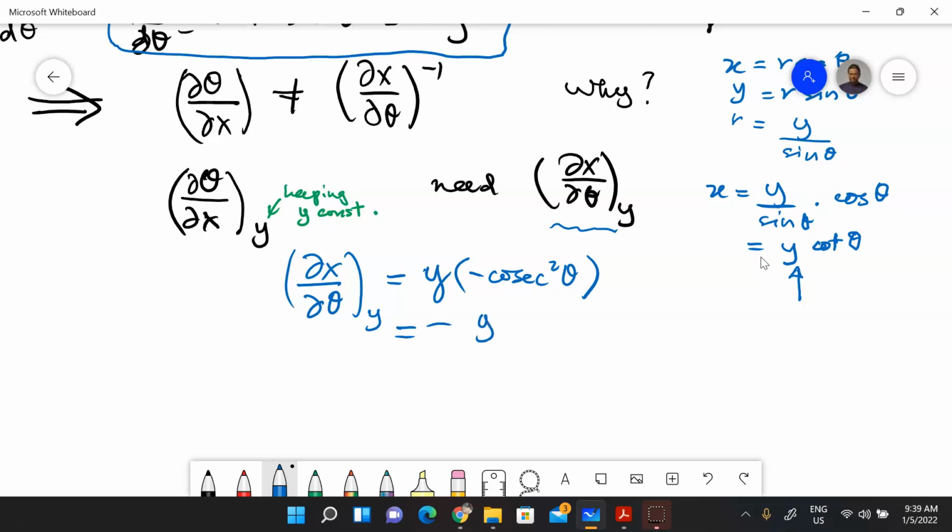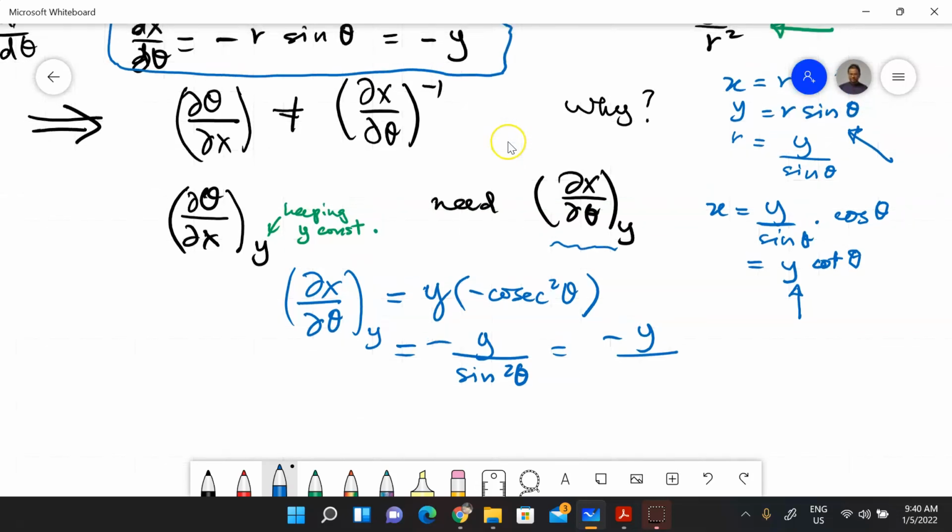That is essentially y over sine squared theta, which is equal to minus y over... so if I use this equation again, let me just put it down a little bit. Okay, so then I will have sine theta equals y over r. So that would give me y squared over r squared.